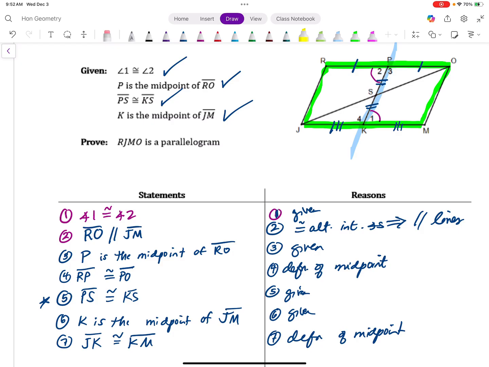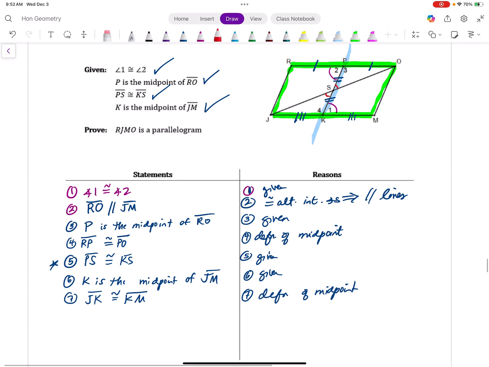Oh, I've got that vertical angle right there. All right, let's start with a vertical angle. This is definitely congruent to this, okay? I think I'm going to come back and change my mind about this step and this step. I think I'm going to end up doing midpoint theorem. That seems more reasonable.